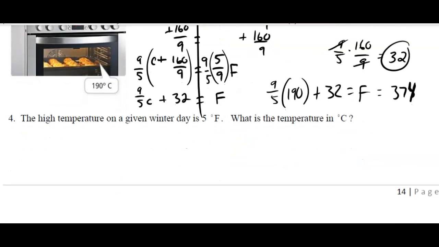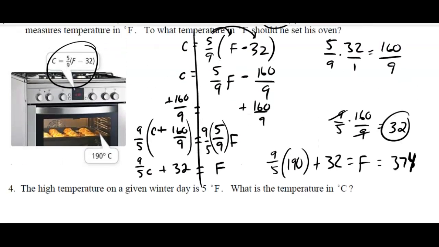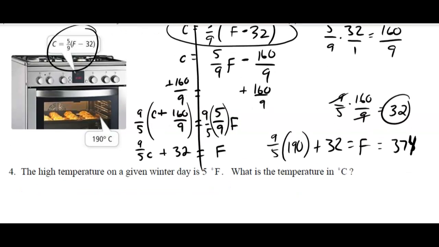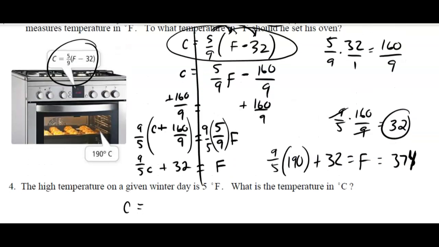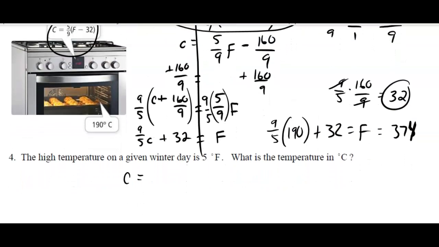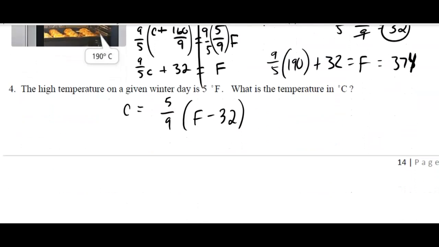So we come down here in this last one. It says high temperature on a given day is 5 degrees Fahrenheit. What's the temperature in Celsius? So now we're switching back. We need to use this first formula. Okay. So my Celsius is equal to 5/9 times F minus 32. So we have to put in 5 here.